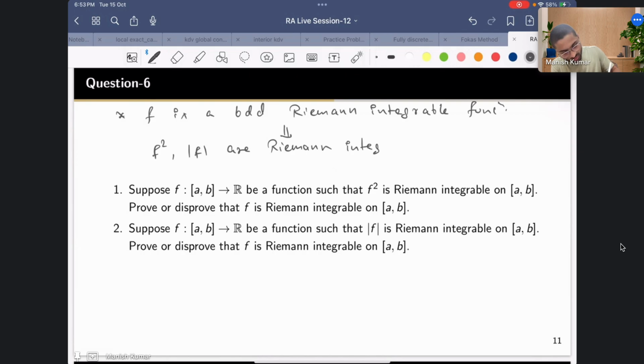I won't prove it, but I hope that you must have seen these kinds of standard results. So if f is integrable, then f square and mod f are also Riemann integrable. But now I am talking about the converse. Suppose that f square or mod f, any one of them, is Riemann integrable, then can you conclude that f is also Riemann integrable?